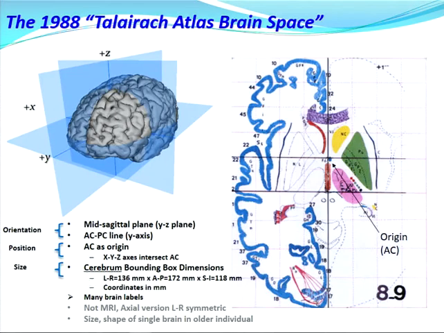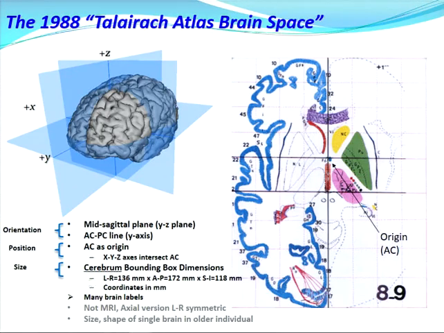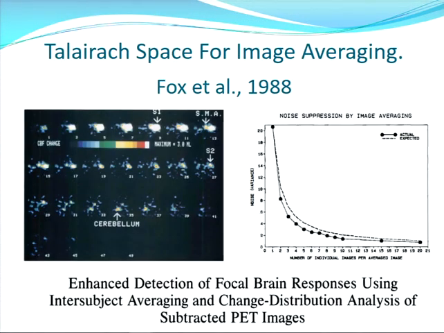And we see how much the noise level drops off. There's a predicted level and then a measured level, but we know when we average across these images, and these were PET images, so they're relatively noisy.